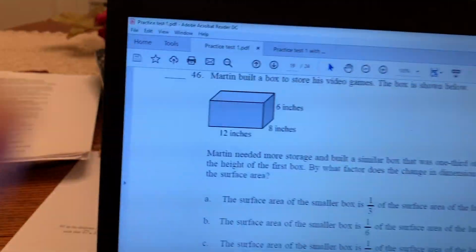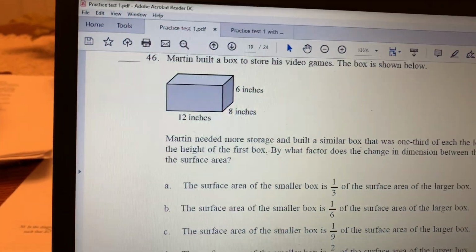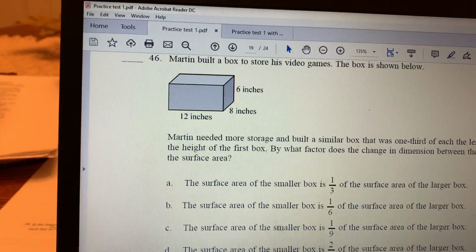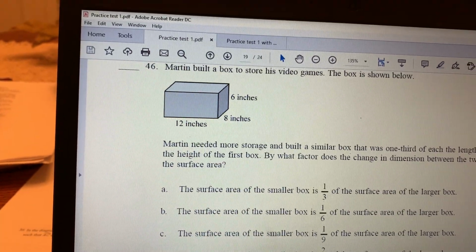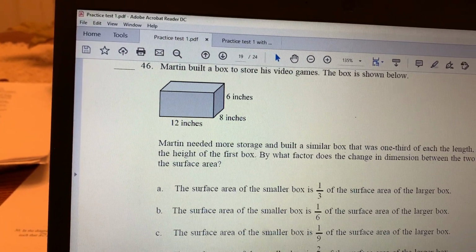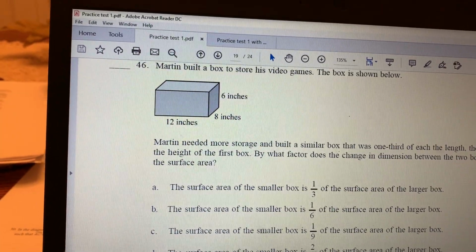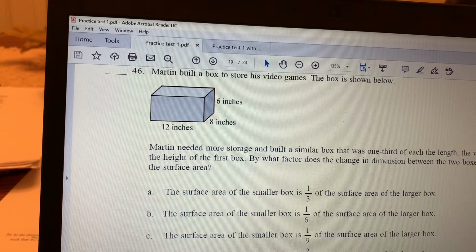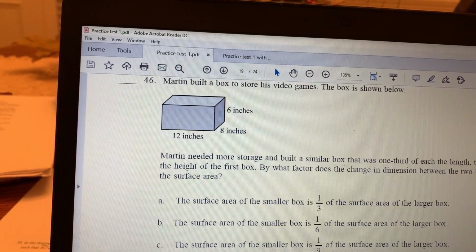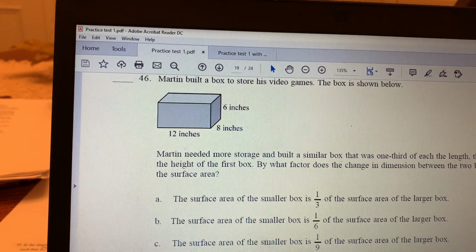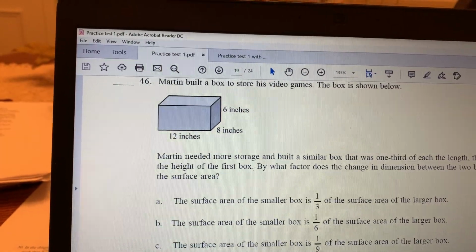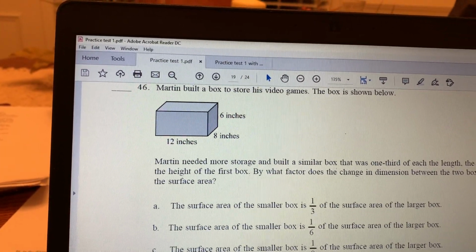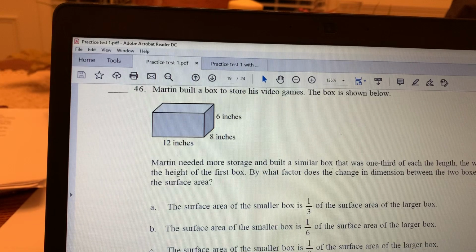So if we look at my original one, I've got 2 rectangles that are the front, the one that's facing us, and the one behind it, 12 by 6. So it's 12 times 6, which is 72, and then there's 2 of them, front and back, so that's 144. You got top and bottom, which would be 12 by 8, so 12 times 8 is 96, times 2, 192.